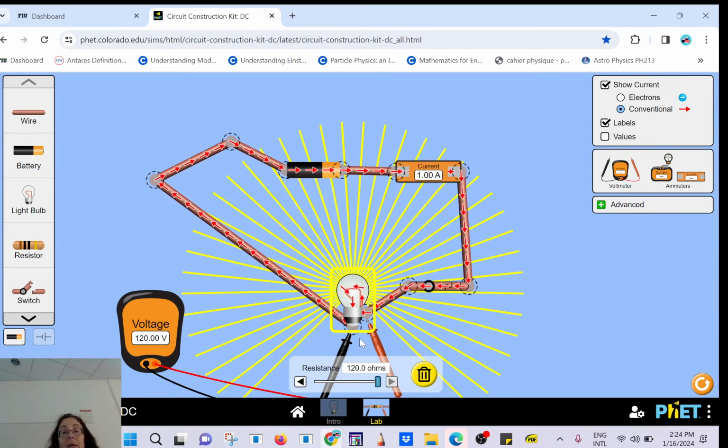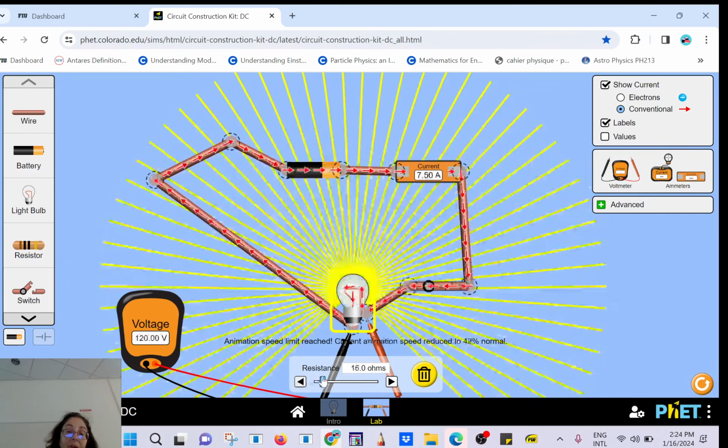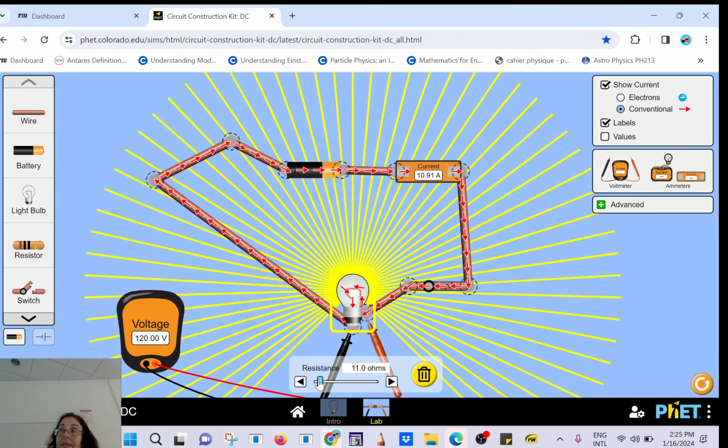Now, if I take another light bulb with a smaller resistance, ooh, I start a fire. How many watts do I have now? The resistance is smaller, the current is 10, so 10 times 10 is about 100 watts.